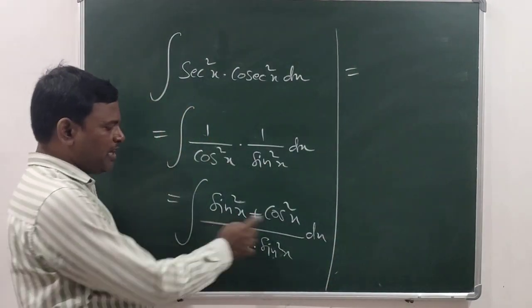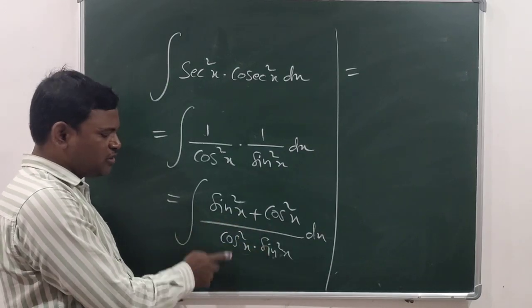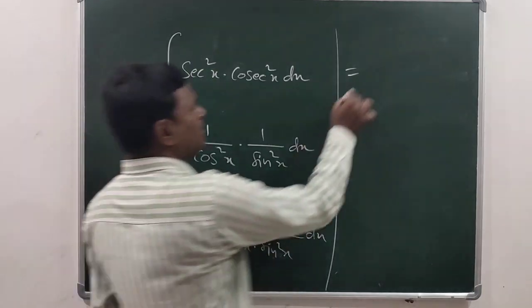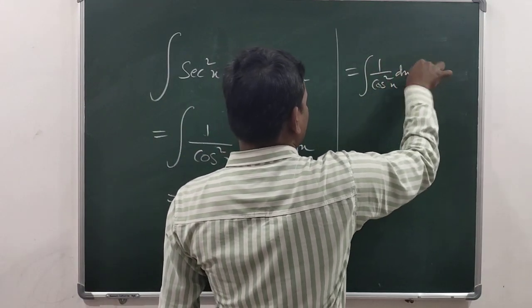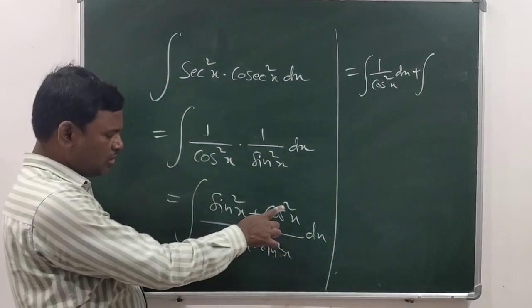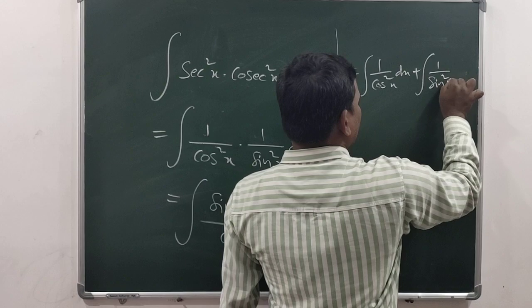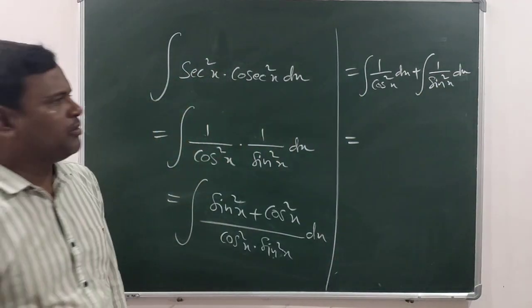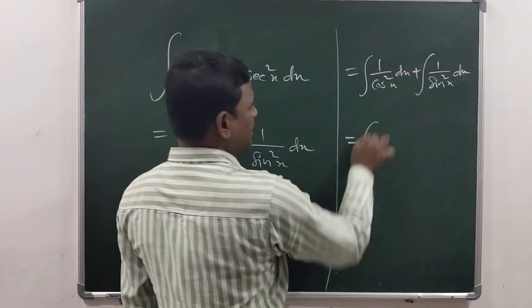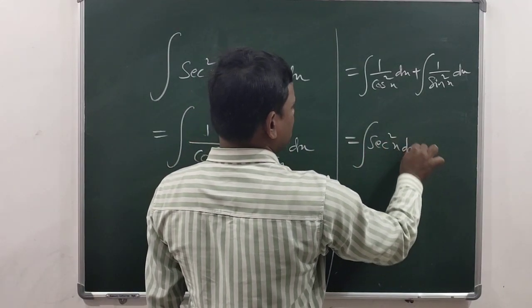Now, in the numerator there are two terms. Divide these two terms by this. When you divide this by this, sin square cancels, so 1 by cos square x dx will come. And here cos square x cancels, 1 by sin square x dx. You know, 1 by cos square x can be written as secant square x dx.